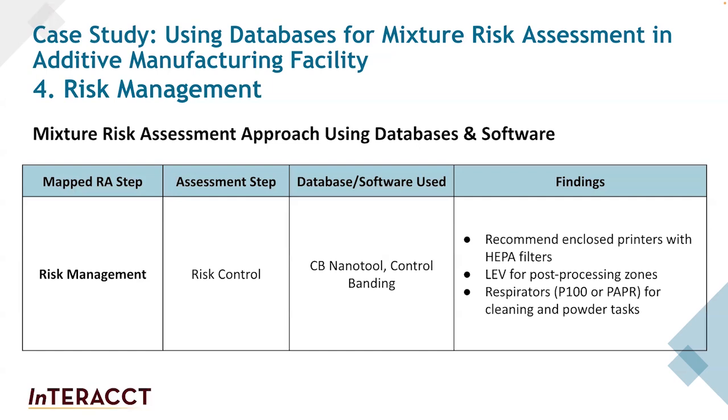These include using enclosed printers equipped with HEPA filters to capture airborne particles, installing local exhaust ventilation in post-processing areas, and requiring appropriate respiratory protection such as P100 or powered air purifying respirators during cleaning and powder handling tasks. These measures ensure that cumulative risks from multiple agents are minimized, keeping workers' exposures well below regulatory and precautionary limits.